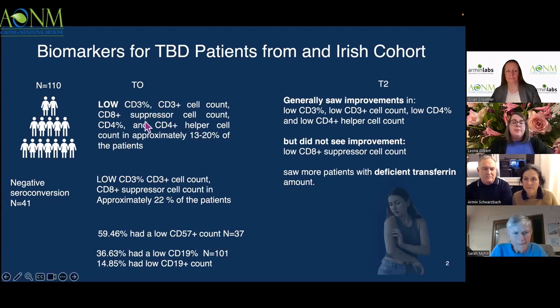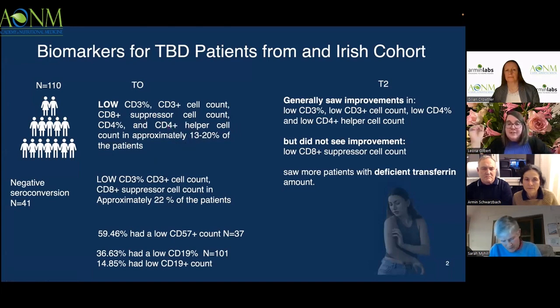We screened them with just basic clinical immune markers. What we saw is low CD3 percentage and low CD3 positive cell counts. We also saw low CD8 suppressor cell counts, and low CD4 and CD4 plus percentage counts in approximately 20% of these patients.